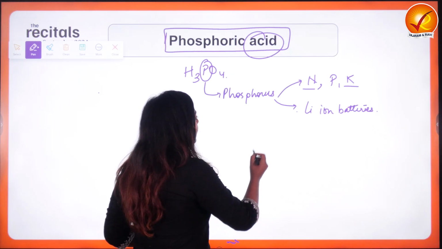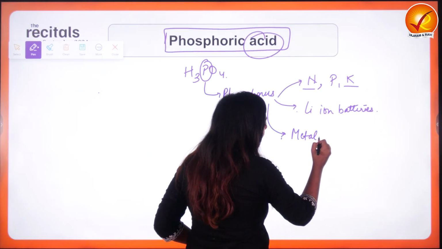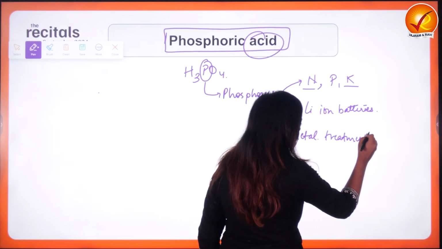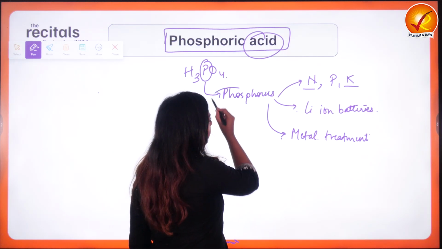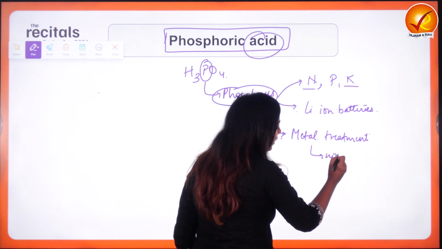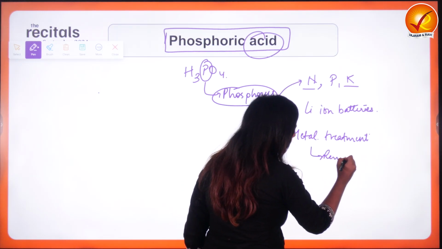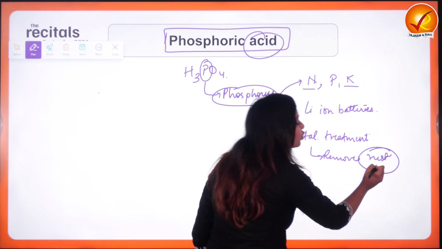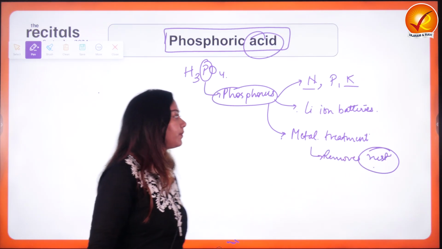The next one is in metal treatment. Generally, phosphoric acid acts as a non-corrosive agent which removes the rust or the corrosion of the metals. So it is also used as a metal cleaning agent.